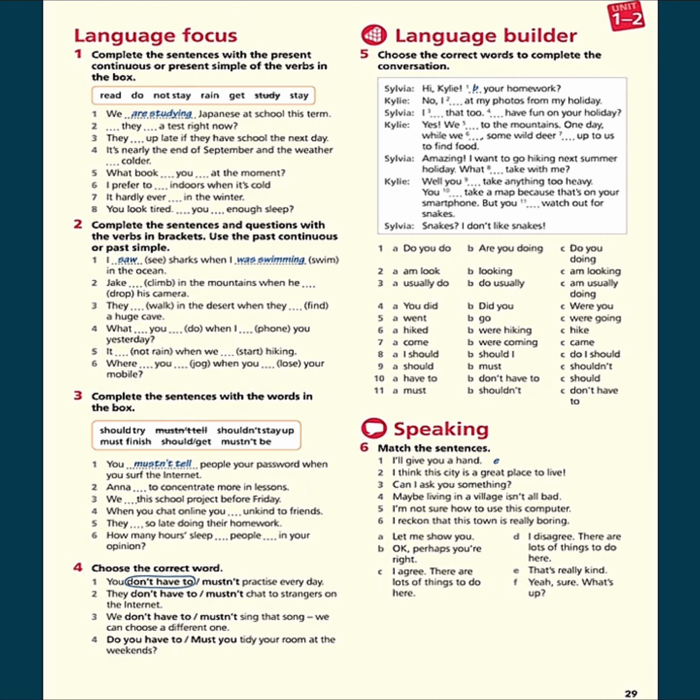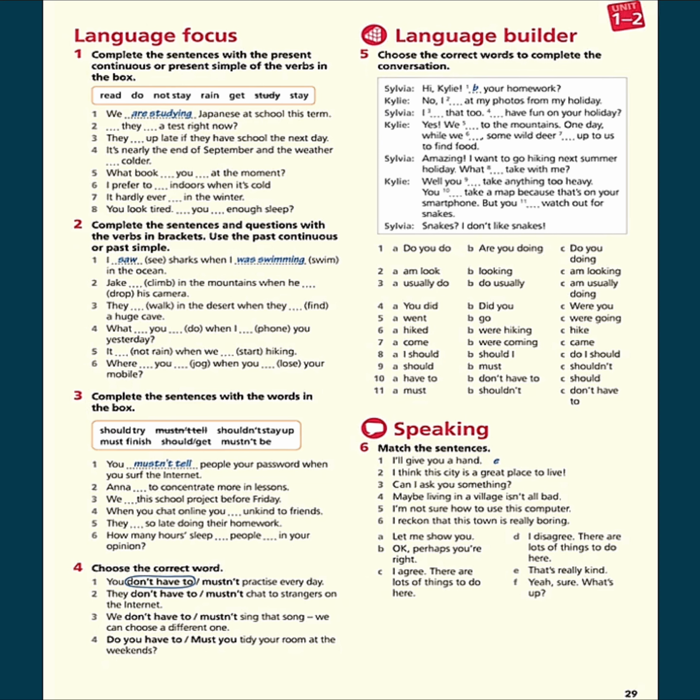Page 29. Language Focus. Section 1. Complete the sentences with the present continuous or present simple of the verbs in the box. Section 2. Complete the sentences and the questions with the verbs in brackets. Use the past continuous or past simple. Section 3.